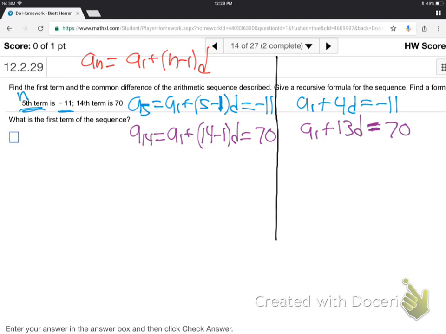Good to there. Got your two equations. All right, run a negative sign through the bottom one or the top one. It doesn't matter. Run a negative sign through one of them, add them up, and solve for d.